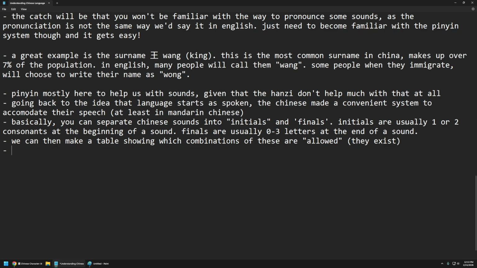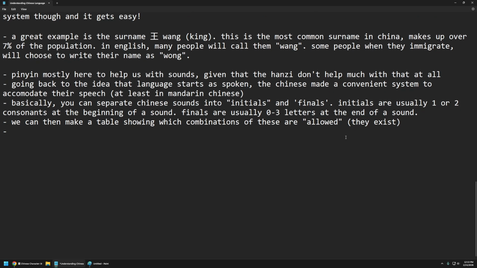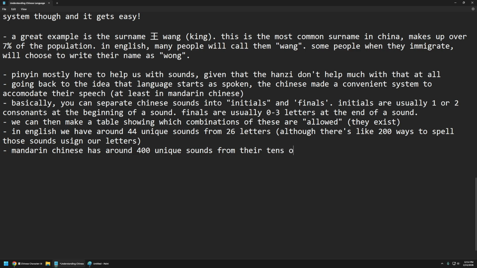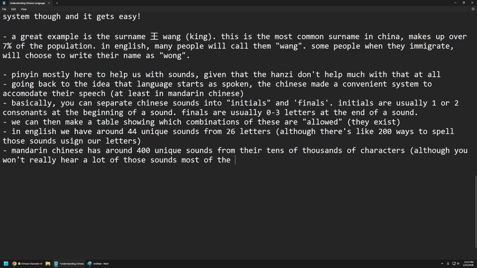So I think this part helps to dispel a lot of the mystique. In English, let's say we have around 44 unique sounds from 26 letters, although there's like 200 ways to spell those sounds using our letters. So we make it nice and complicated. Mandarin Chinese has around 400 unique sounds from their tens of thousands of characters, although you won't really hear a lot of those sounds most of the time.